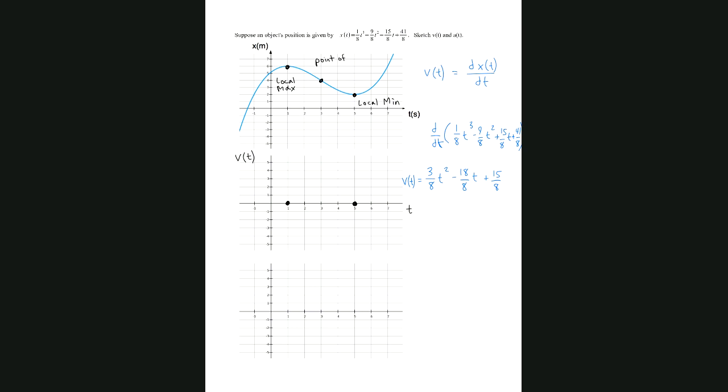So what will happen at that point on our velocity graph? We know, for example, that if you trace these mins and maxes down, those are going to be points where our velocity has a 0. But what will happen if we trace the point of inflection down? Well, we'll see that the velocity will have a min or a max there.